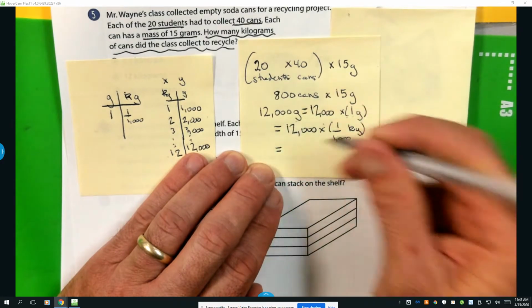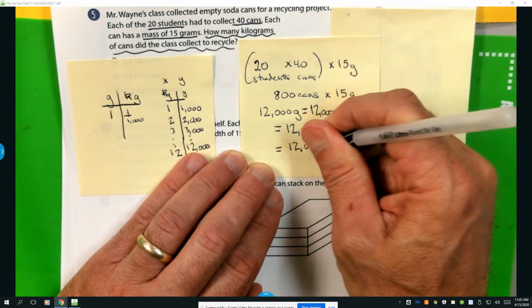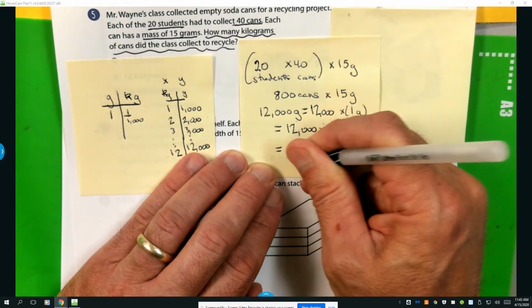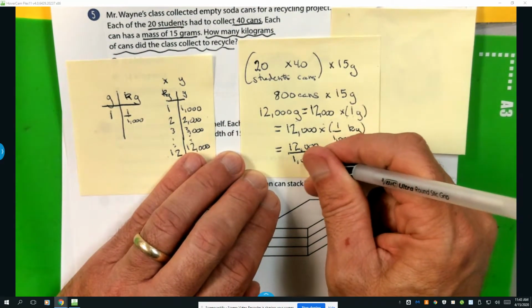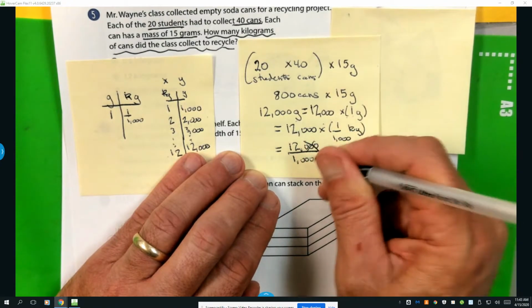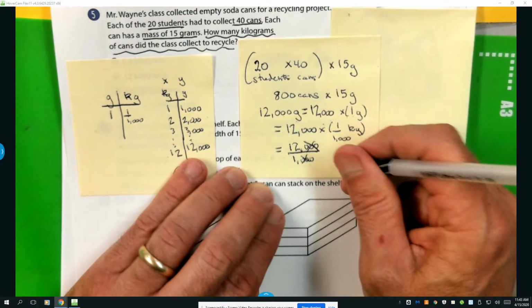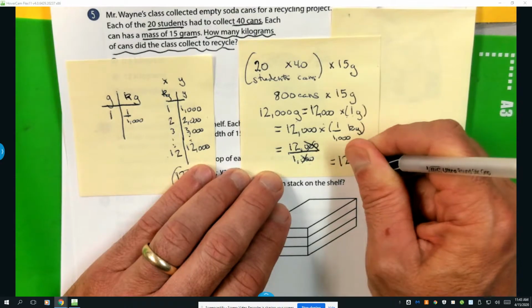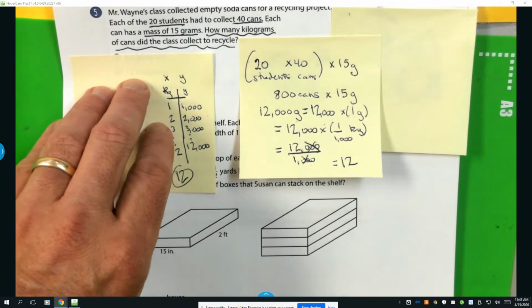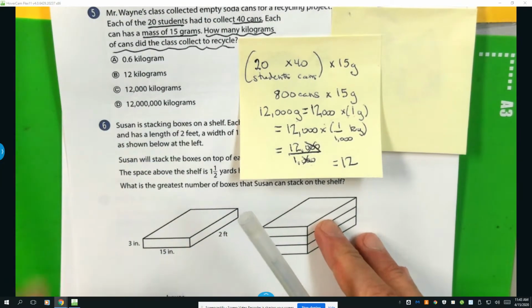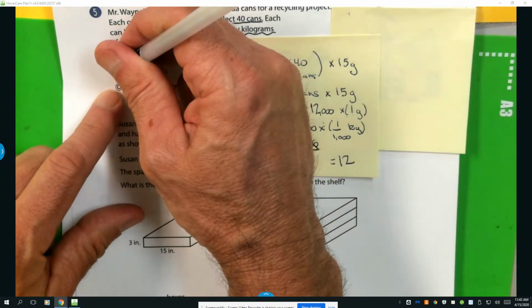That would leave me with 12,000 divided by 1,000. The zeros would cancel each other out, and that's going to leave me with 12 over 1, which equals 12 kilograms. All right, so our answer would be B.